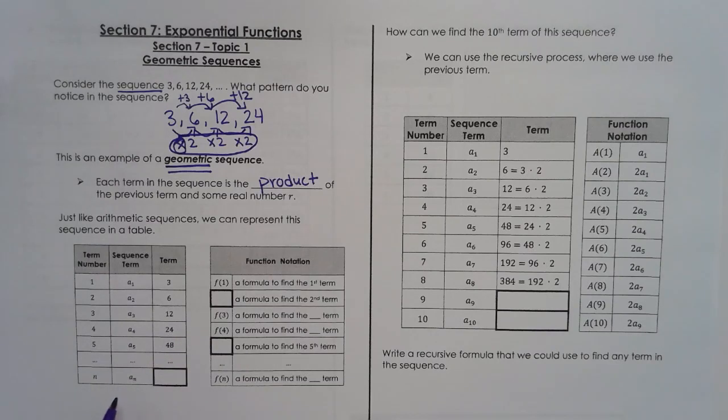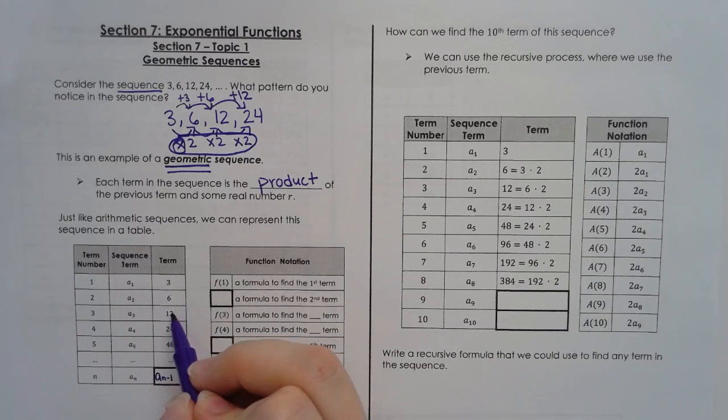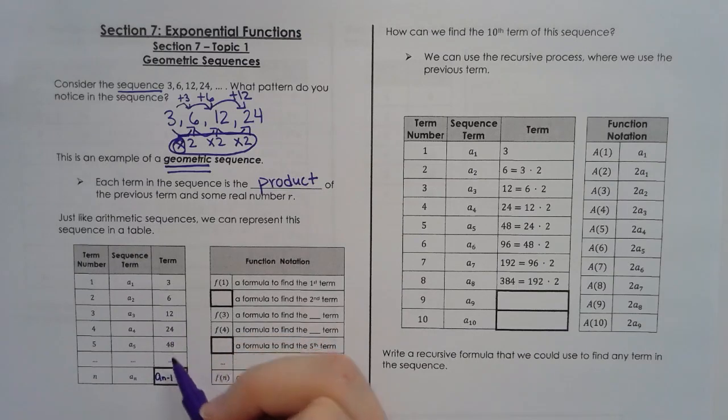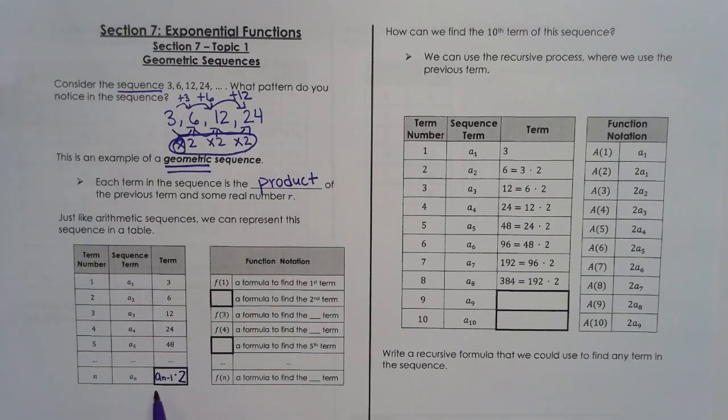Now, for this one, our a sub n is going to be a sub n minus 1, which means the term before it. What was happening from 3 to 6, and 6 to 12, and 12 to 24, and 24 to 48? You're right, it was multiplying by 2. So it's a sub n minus 1 times 2.